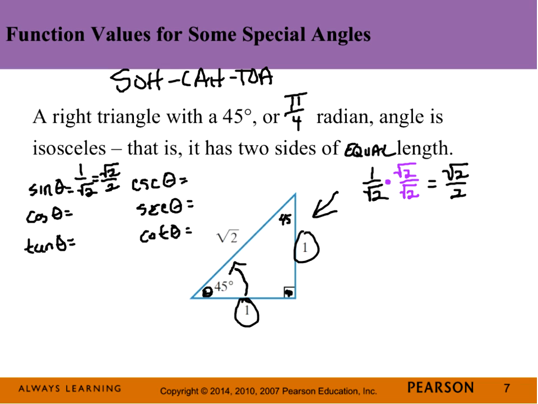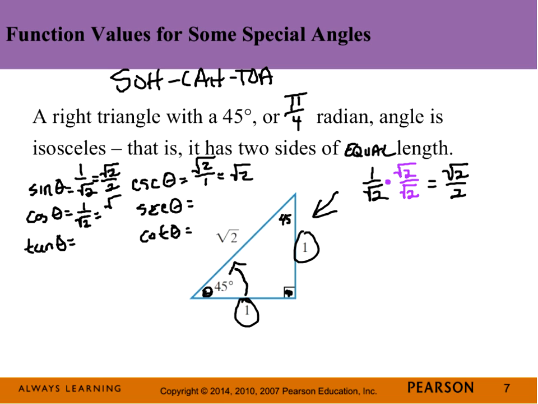All right, and we see that the cosecant is the inverse of that. So I have the square root of 2 over 1, which just leaves me with the square root of 2 there. The cosine is adjacent over hypotenuse, so lucky us, that's 1 over the square root of 2.